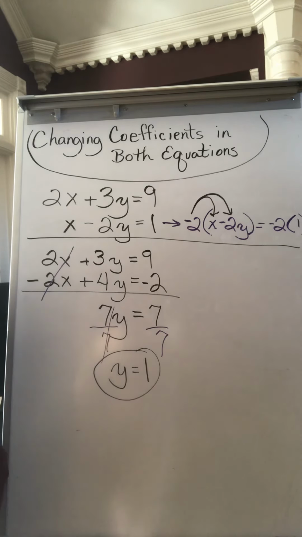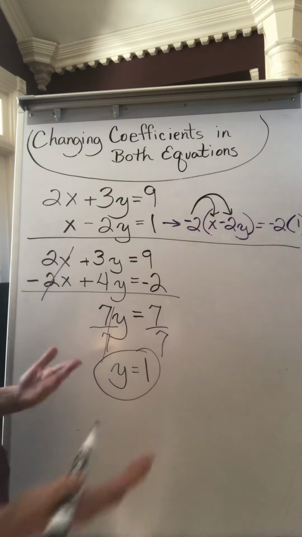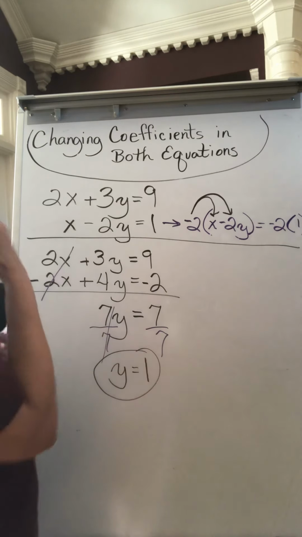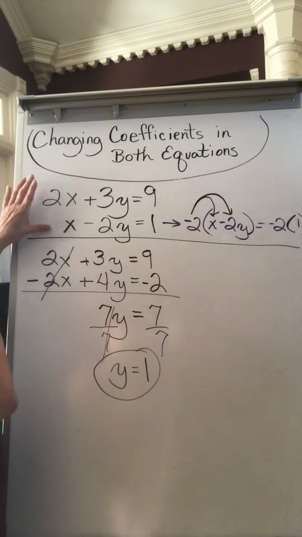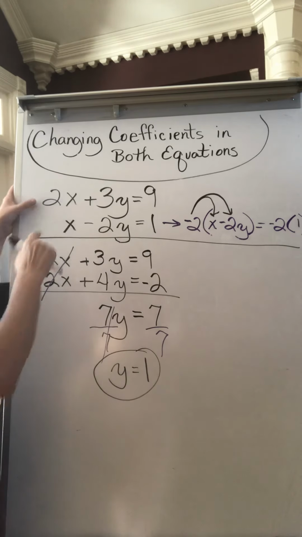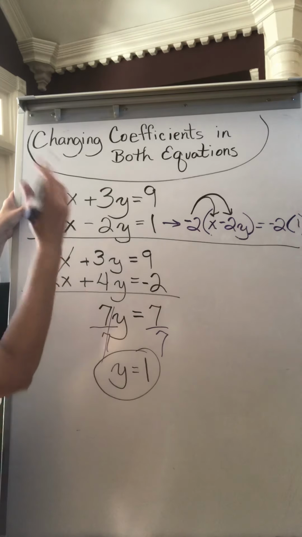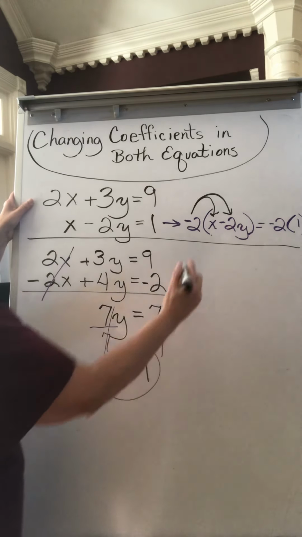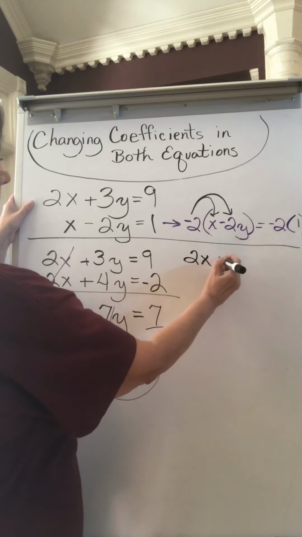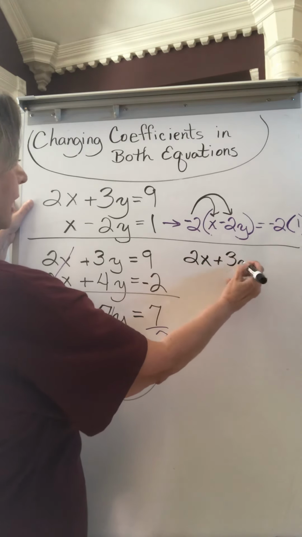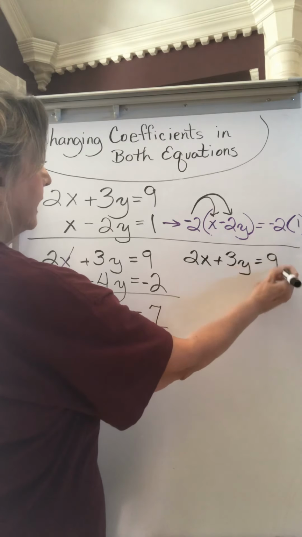Now let's solve and see what x equals. If we know one variable, we can find the other one. So we need to substitute, and we could pick either one to use. Let's just go with the top one. Okay, now work it right over here. I'll put 2x plus 3y equal 9.